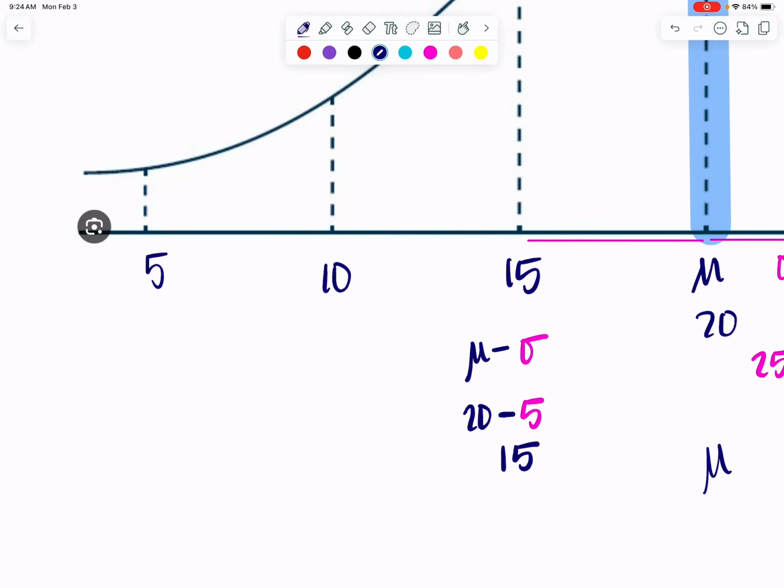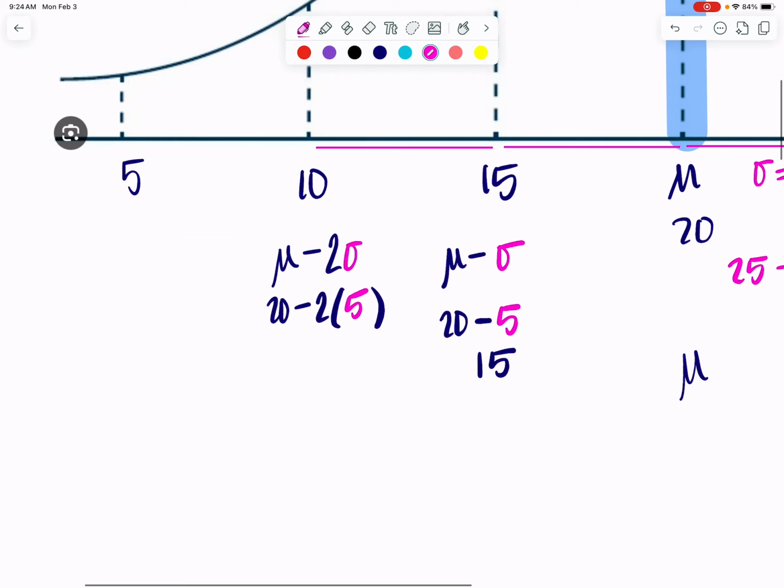If we go backwards one more, this is mu minus 2 jumps from the mean, or 2 standard deviations. My mean is 20. That hasn't changed. Standard deviation is still 5.